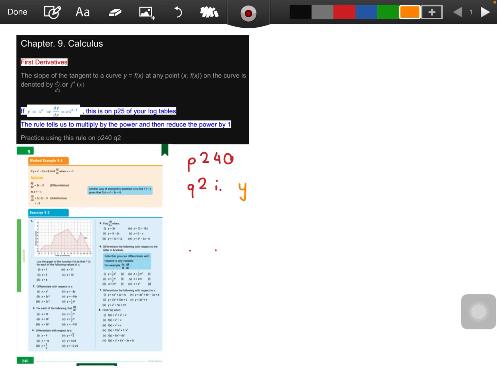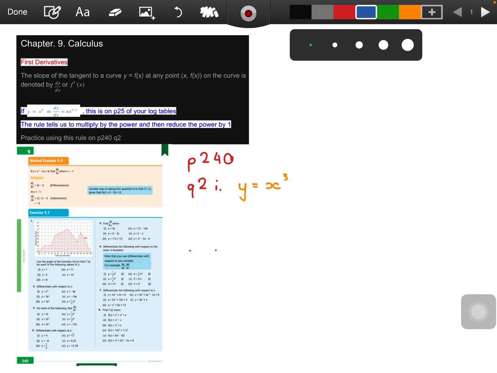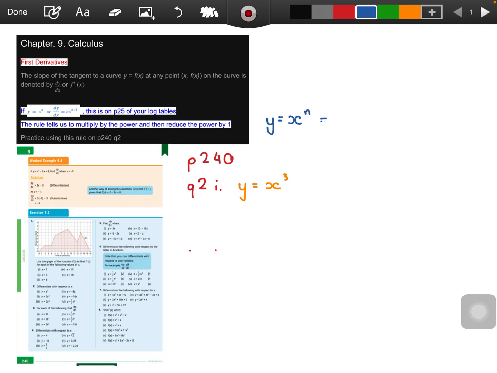So it said y is equal to x cubed. And remember our rule is y equals x to the power of n such that y differentiated in terms of x, so dy dx, is nx to the power of n minus 1.